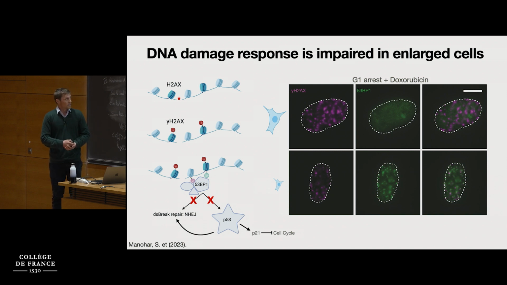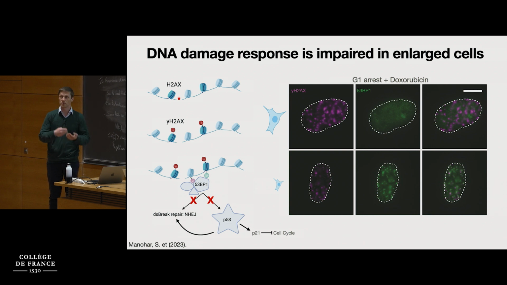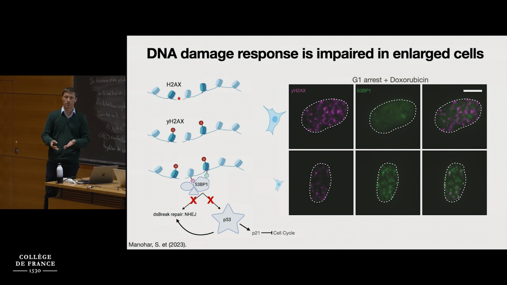Now the consequence of this is that if you have a double-strand break, you actually fail to repair it. So in G1 phase especially, cells need 53BP1 to repair double-stranded breaks. But also 53BP1 is necessary to signal the presence of DNA damage to the cell cycle machinery.